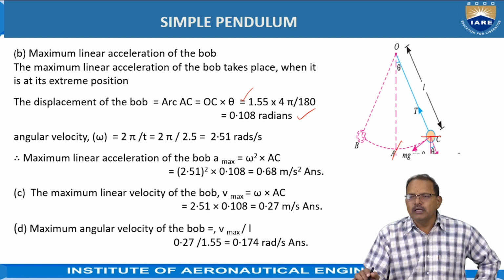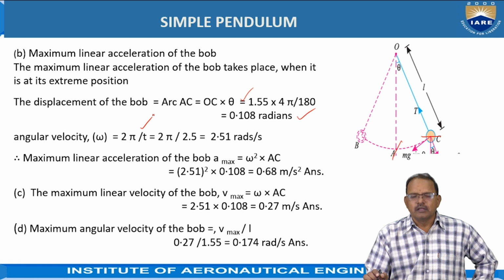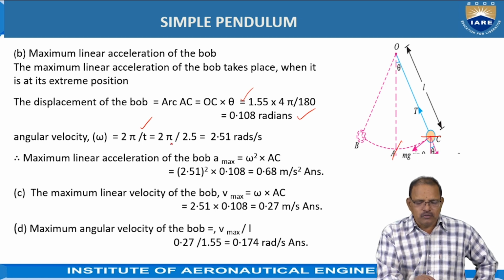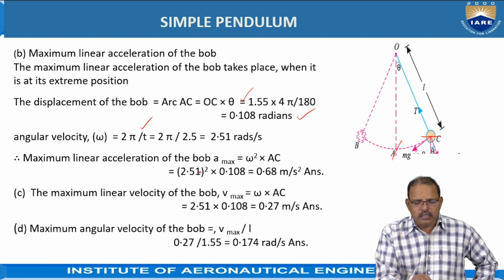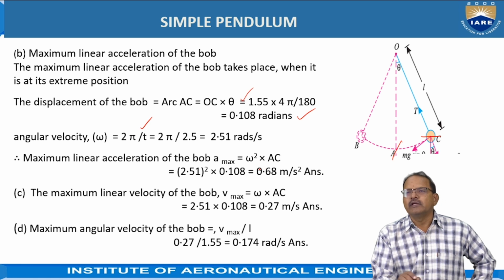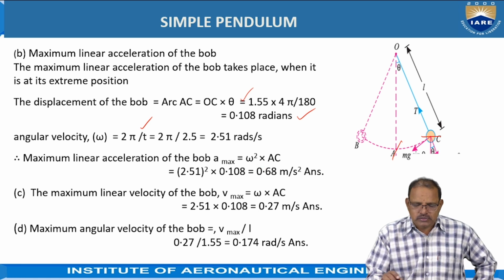0.108 radians. Angular velocity is equal to 2 pi by T. Here it is equal to 2 pi divided by 2.5, which is equal to 2.51 radians per second. The maximum linear acceleration of the bob, A maximum, is equal to omega square into AC. Where the displacement is maximum, the magnitude of acceleration is also maximum.